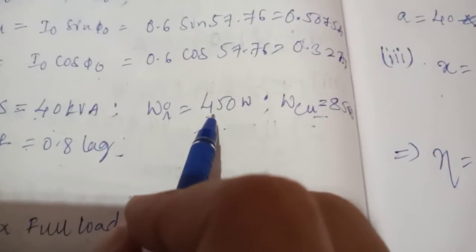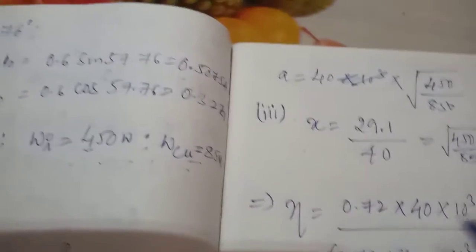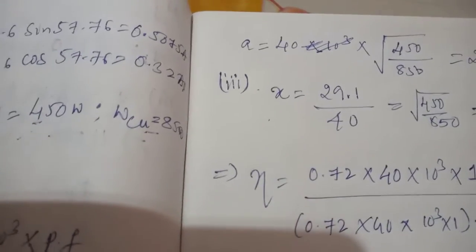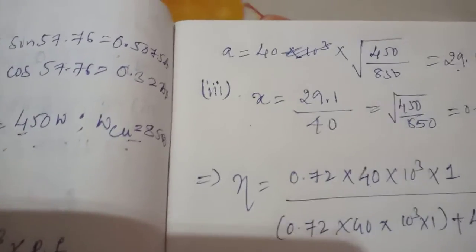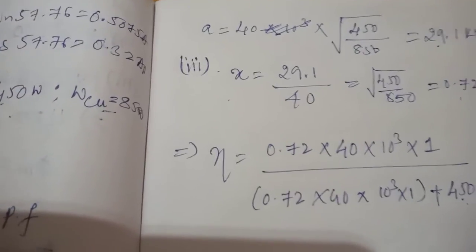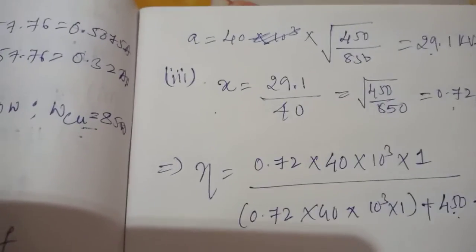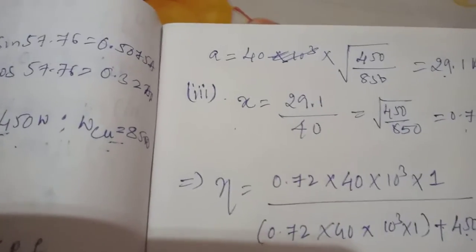What is WI? It is a constant loss irrespective of the load, 450. At this load, the copper loss must also be 450, meaning WI must be equal to WCU at this particular load. Let us cross check: 0.72 whole square into 850 is equal to 450 only.